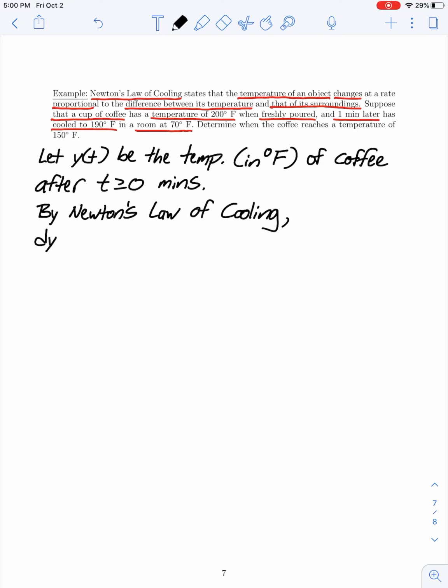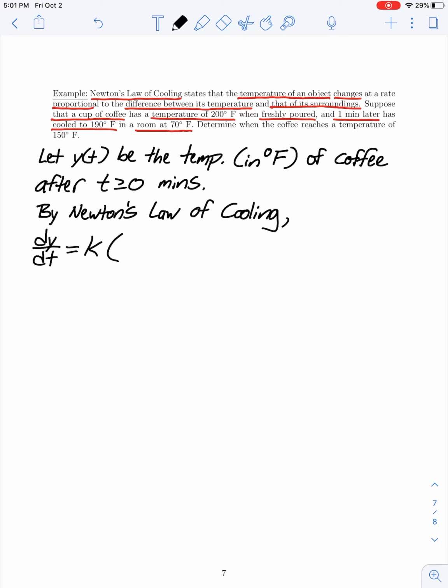Newton's law of cooling says that the rate at which an object changes its temperature, so that is the derivative or the rate of change of the temperature function, is proportional to the difference between its temperature and that of its surroundings. Now, when we say that two things are proportional, mathematically that means that one of these quantities is a constant multiple of the other.